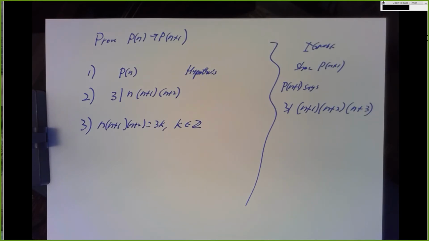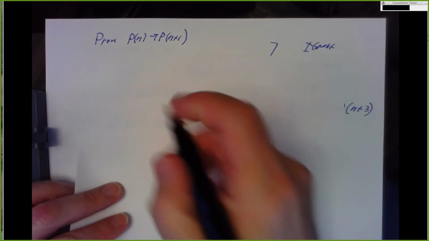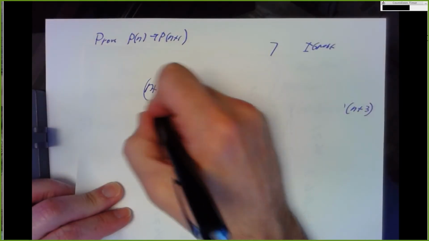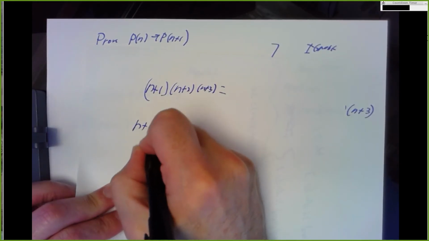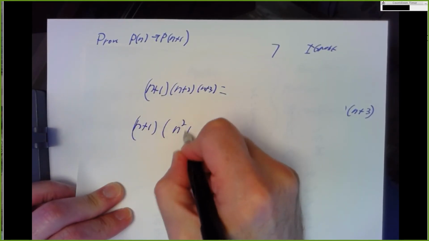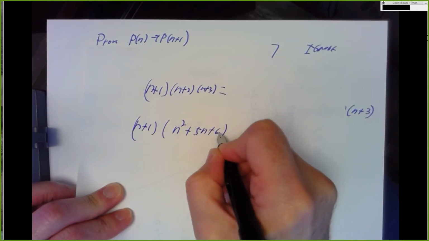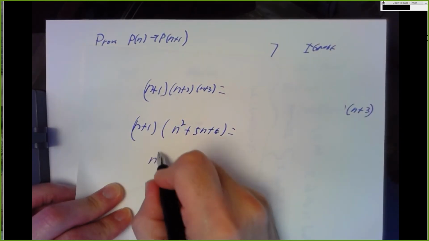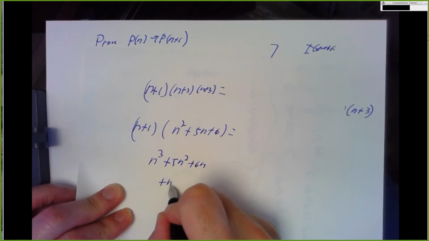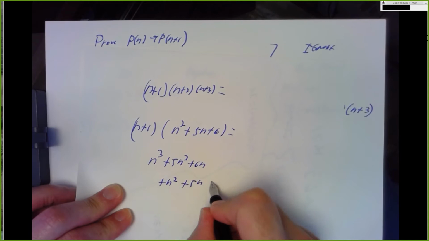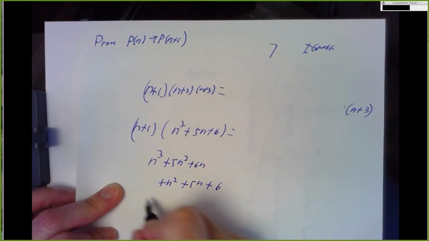Well, at this point, start multiplying stuff. So n plus 1, n plus 2, n plus 3. That's n plus 1 times n squared plus 5n plus 6, which is n cubed plus 5n squared plus 6n plus n squared plus 5n plus 6.